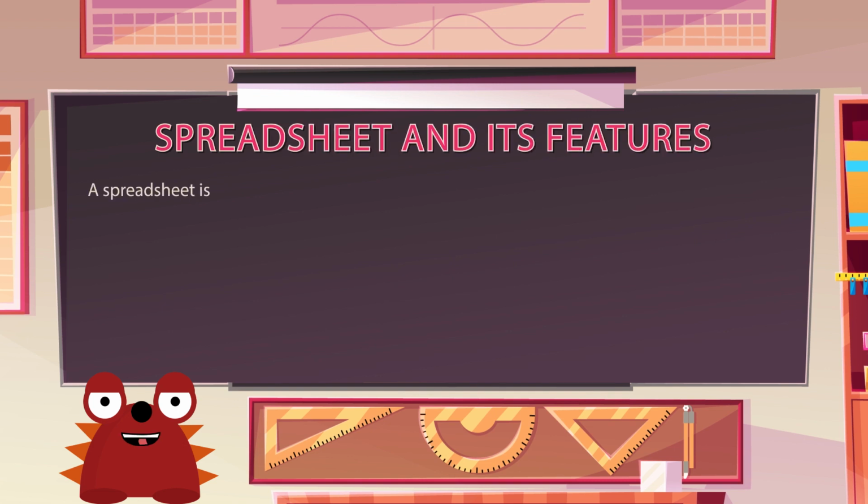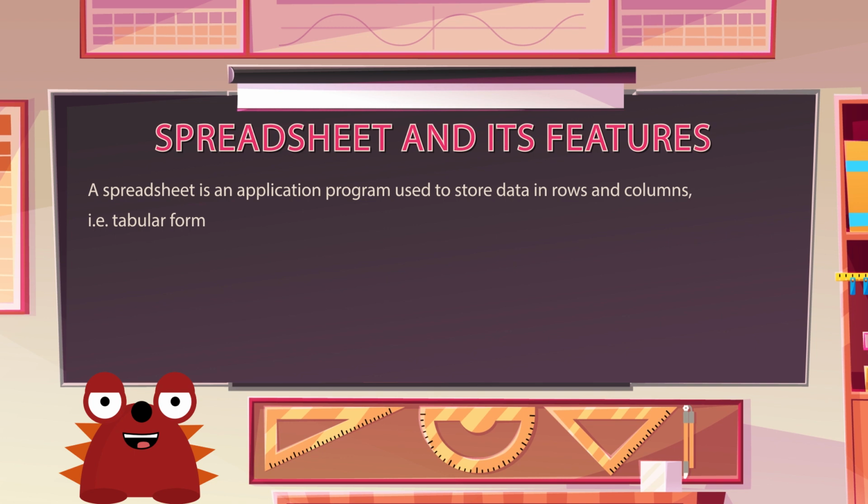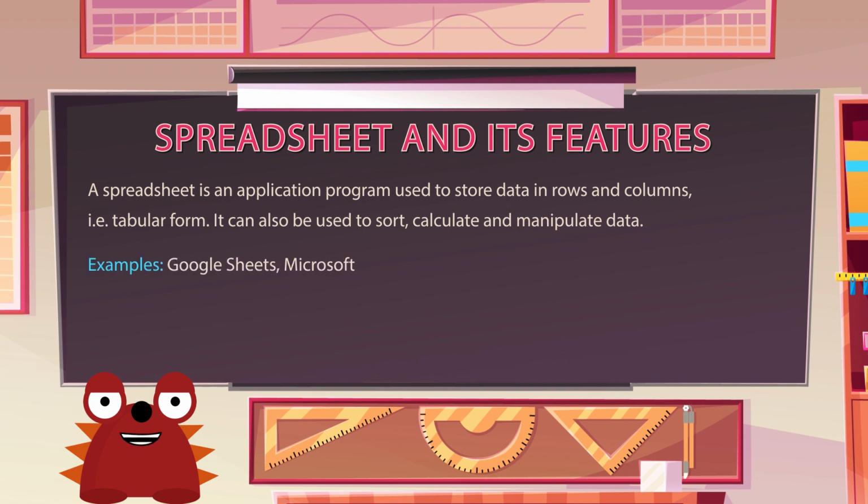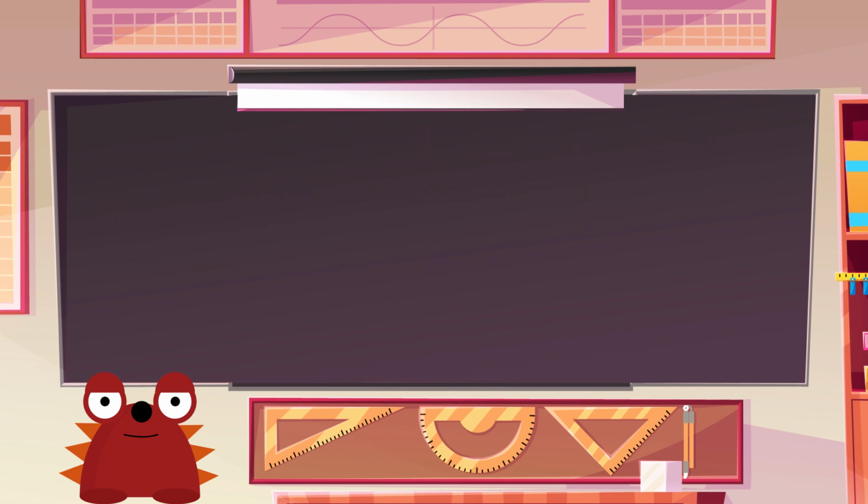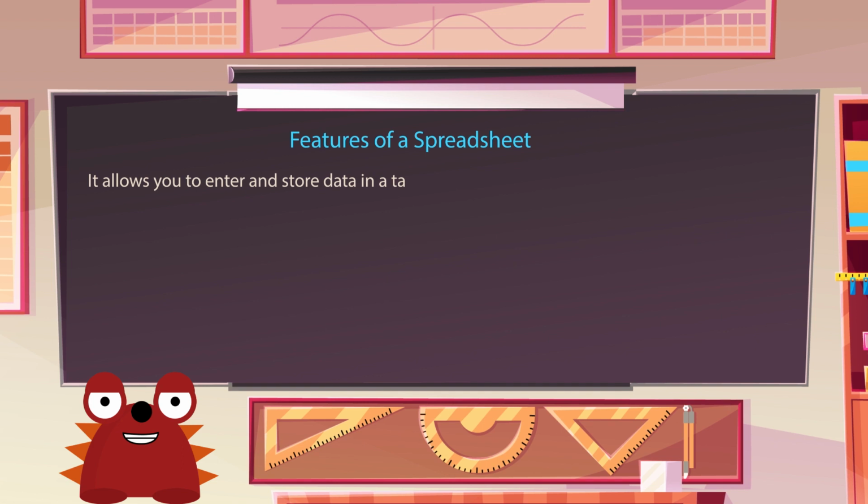Let's now begin with spreadsheet and its features. A spreadsheet is an application program used to store data in rows and columns, meaning in a tabular form. It can also be used to sort, calculate, and manipulate data. Examples of such programs can be Google Sheets, Microsoft Office, and OpenOffice. The features of a spreadsheet include that it allows you to enter and store data in a tabular format.